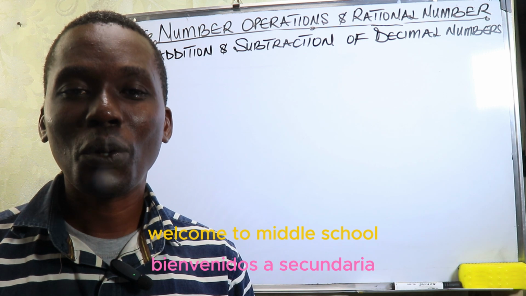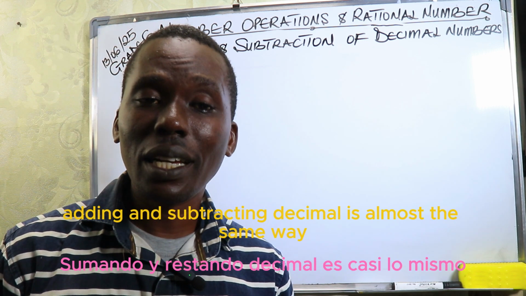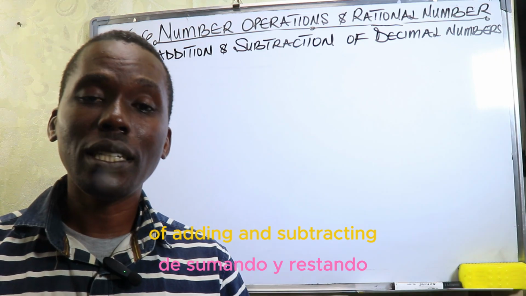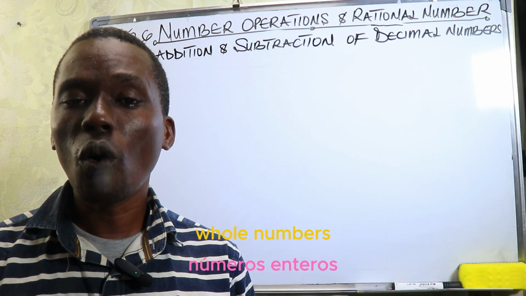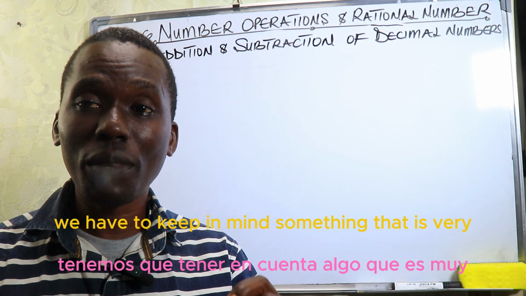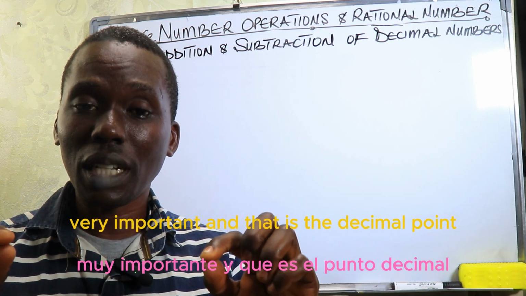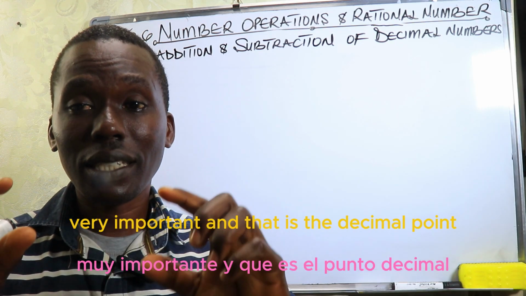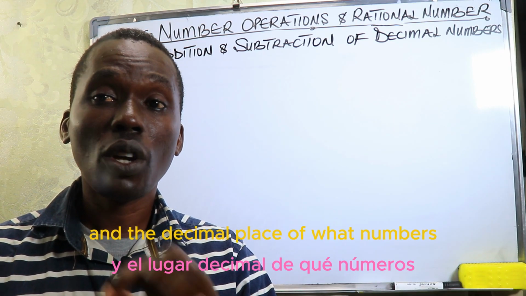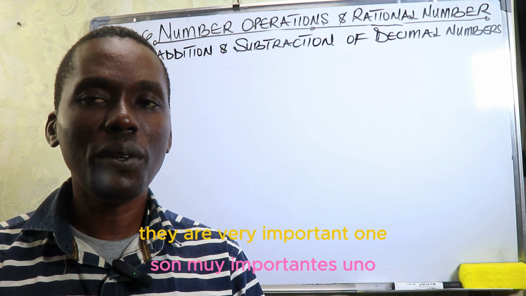Welcome to middle school. Adding and subtracting decimals is almost the same way of adding and subtracting whole numbers. But this time around, we have to keep in mind something that's very, very important, and that is the decimal point and the decimal place of numbers. They are very important.